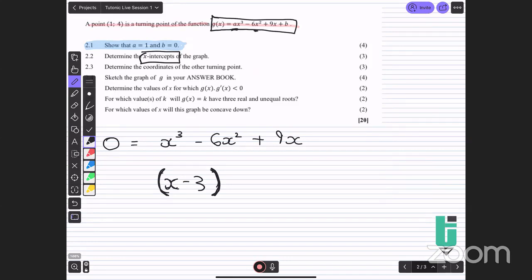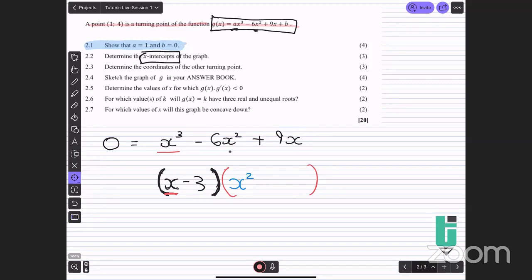So I'm going to do my method, and then we can do synthetic as well. The first thing I ask myself is, I need x cubed. So how must I multiply this x by to give me x cubed? I must multiply it by x squared. But that x squared is also going to multiply by this minus 3, and I need minus 6.